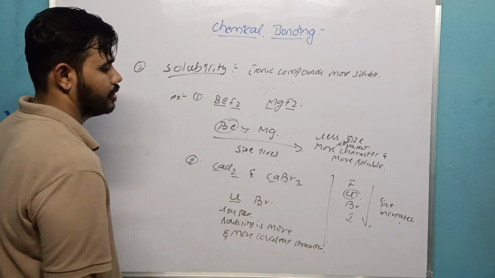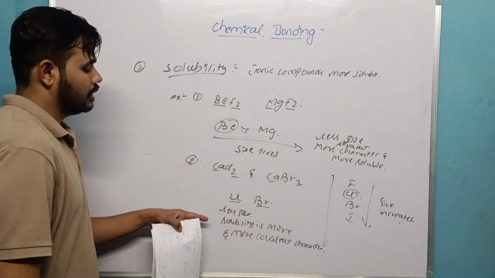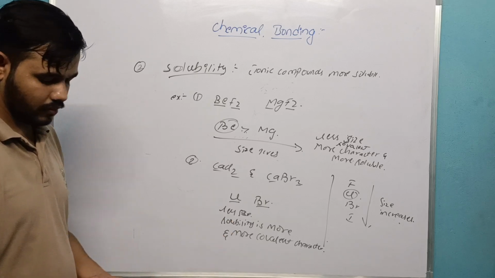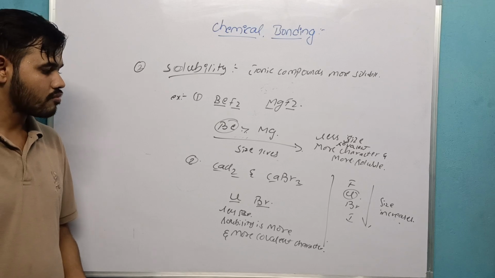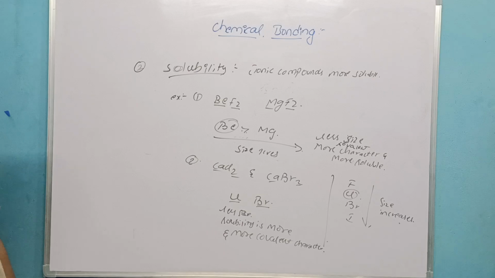But bromine, which is bigger in size, has less solubility and less covalent character. Note this down, students.